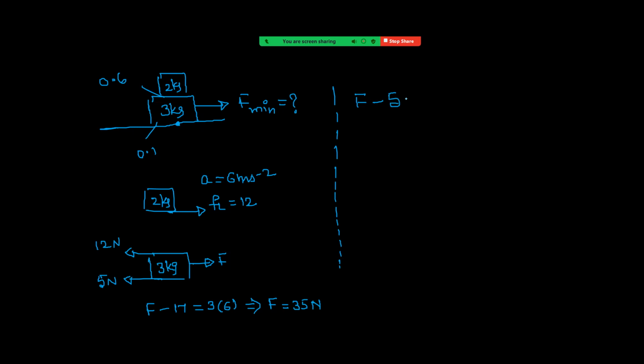F minus 5 is the net force. This net force is equal to mass into acceleration. Mass is 5 and acceleration is 6, 5 into 6, 30. 30 plus 5, 35. So like this also we can solve directly. Is the point clear?